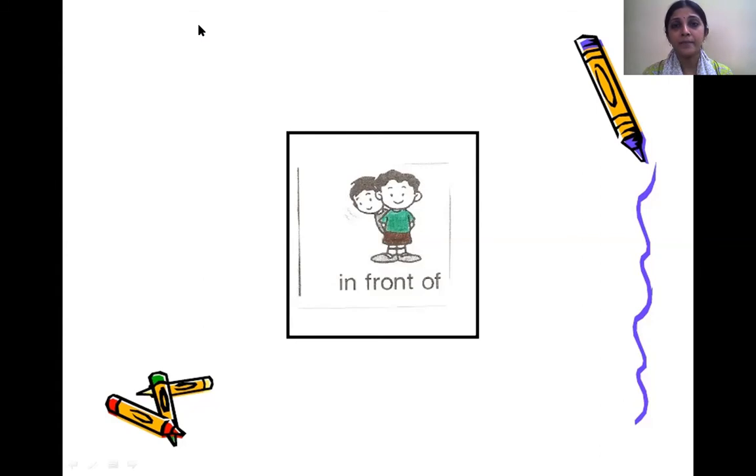So when something is placed just opposite to something, facing something, then it is known as in front of. For example, if we wish to give the address of Kansagra College, then we would say it is in front of Jalaram petrol pump.